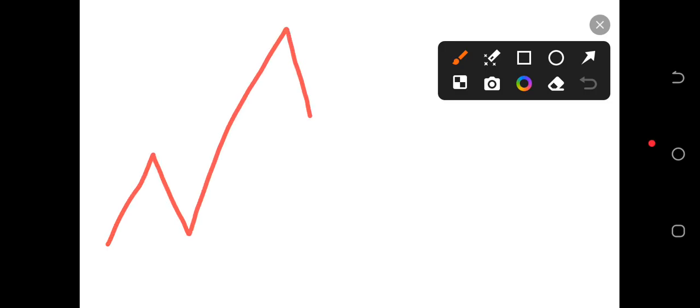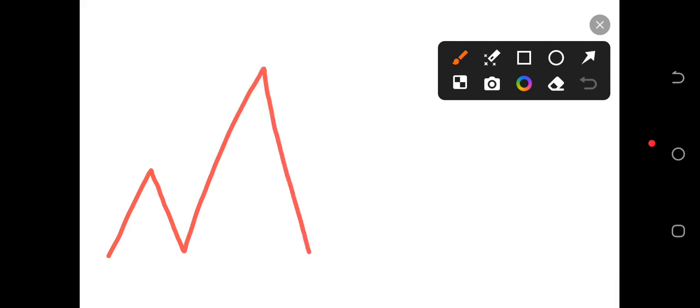Okay, so let's start with the very first pattern, the head and shoulder pattern. The head and shoulder pattern is a pattern in the market that looks like this. Let me draw again.